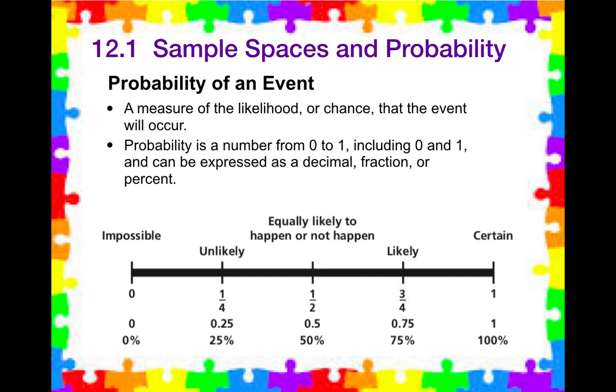It could be expressed as a decimal: 0, 0.25, 0.5, 0.75, and 1, or a percentage: 0%, 25%, 50%, 75%, and 100%. Those are the different ways that we can express probability, but it's always from 0 to 1. Most likely not impossible, most likely not certain, somewhere in between is more likely how it would happen.